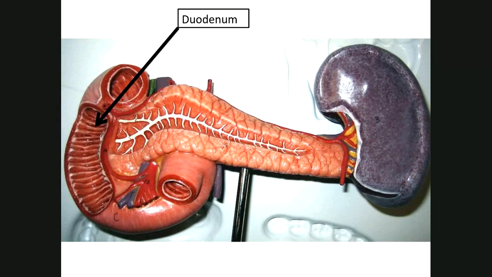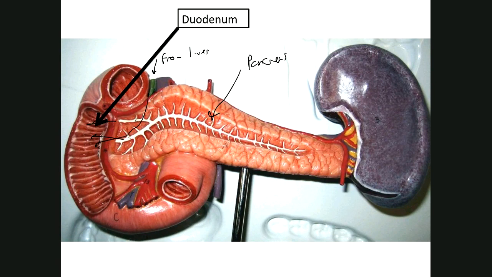And the main organ associated with digestion here is the pancreas. Now the liver is also involved. You can see this little green tube, that's coming down from the liver. Well, if you look, the pancreas empties right here into the small intestine, and this empties right here into the small intestine.